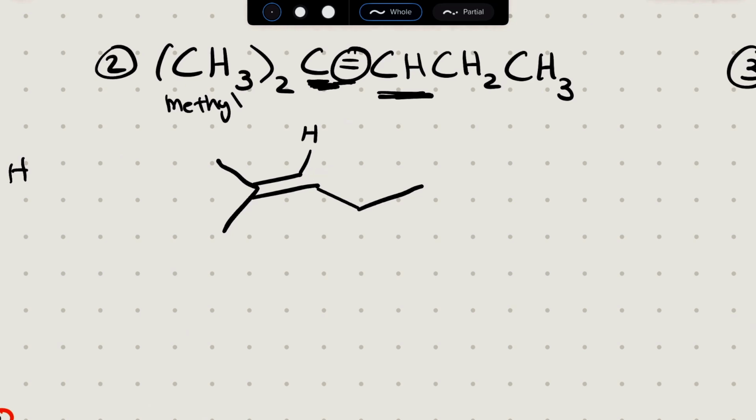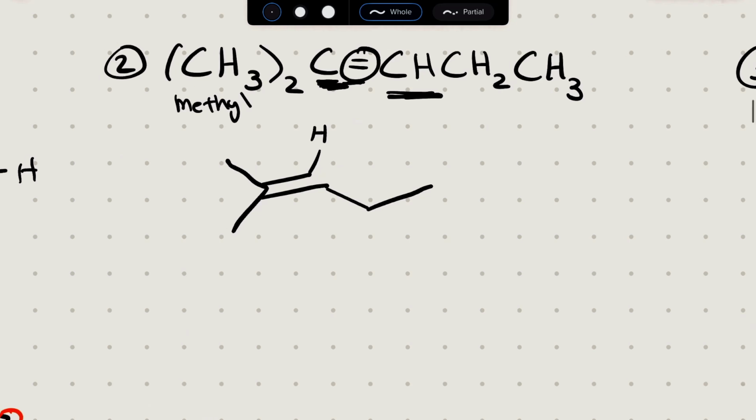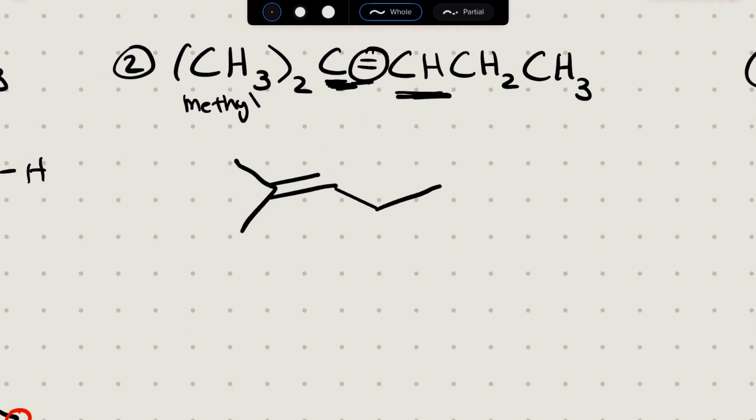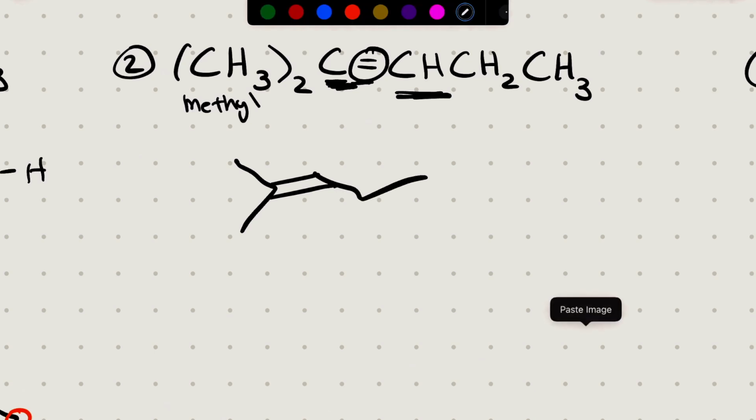If it helps to draw the hydrogen, please do. Otherwise, you don't have to draw it, and it will look something like this. Totally welcome to finagle it. The more proper way to draw it would be something like this. Okay? And if it looks flipped upside down, that's totally a valid answer as well.